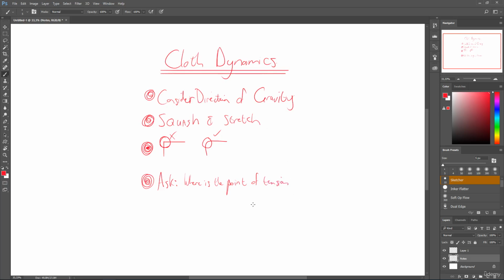Lastly, let me add something obvious, but I want to say it just so that we're really firm in what we're doing. Cloth really is almost a very 1D object in a sense. Obviously it's 3D, but for the most part cloth really is just very thin, and we don't tend to double line draw it unless we're talking about thick fabrics.